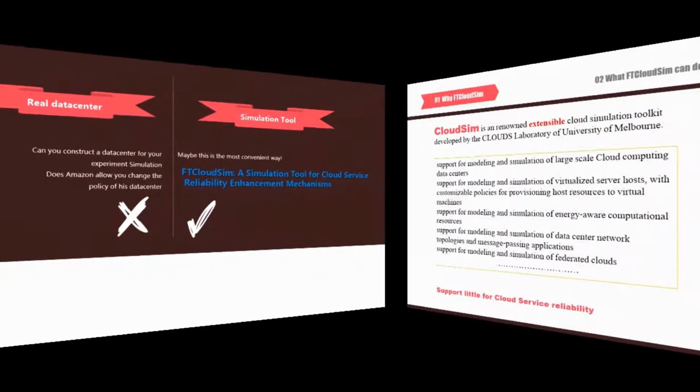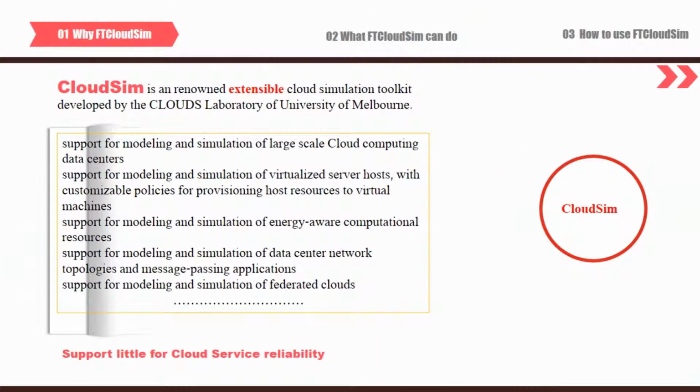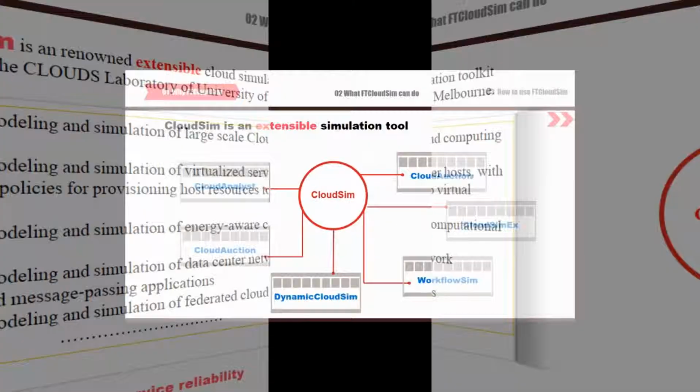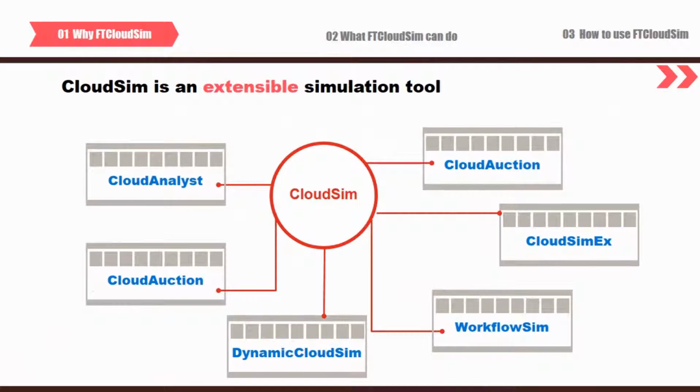CloudSim is a famous cloud simulation toolkit. CloudSim supports the simulation of a virtualized cloud data center. It enables researchers to experiment on cloud computing infrastructure, but it supports little for evaluating cloud service reliability mechanisms. CloudSim is an extensible simulation tool.